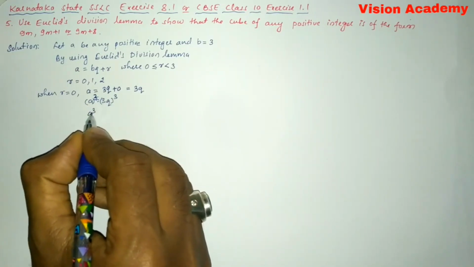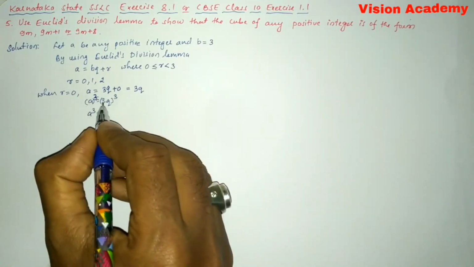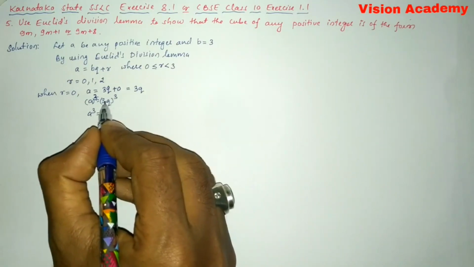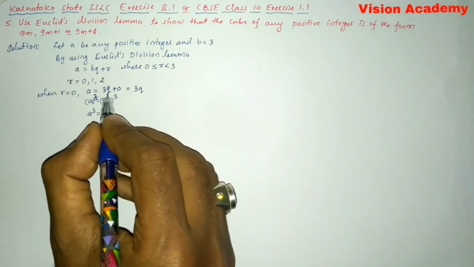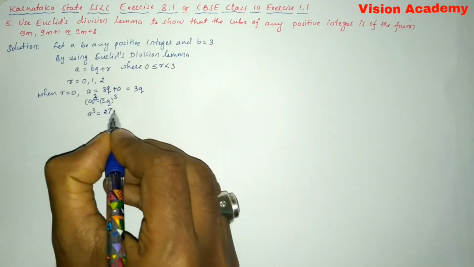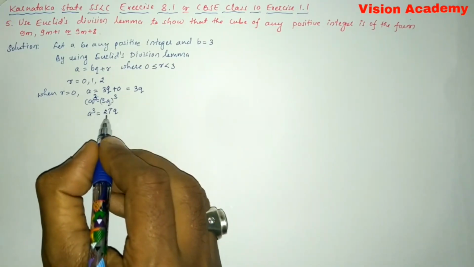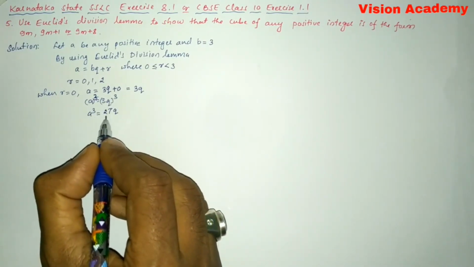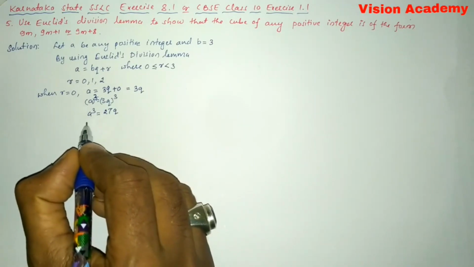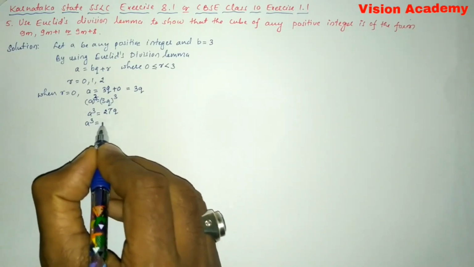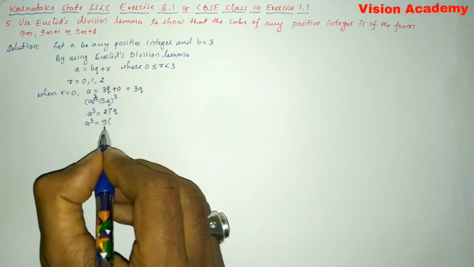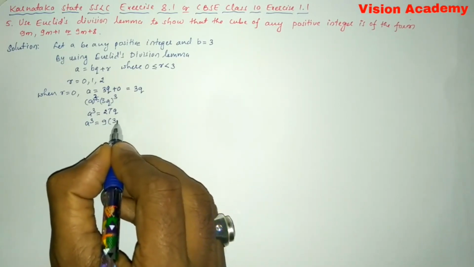So this gives us a cube is equal to, so 3 to the power 3. So 3 3s are 9, 9 3s are 27 cube. Now let us take here 9 as common term. A cube is equal to 9, 9 how much are 27? 9 3s are 27.